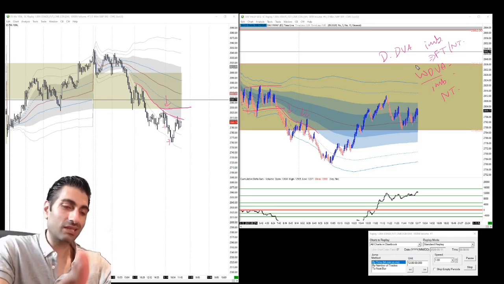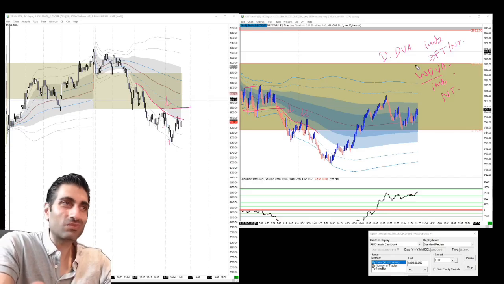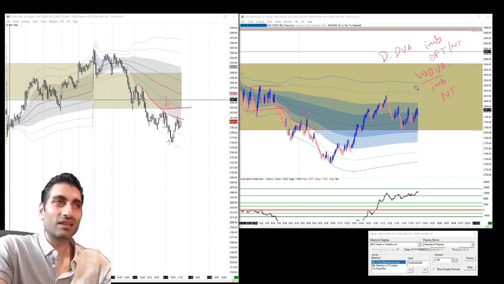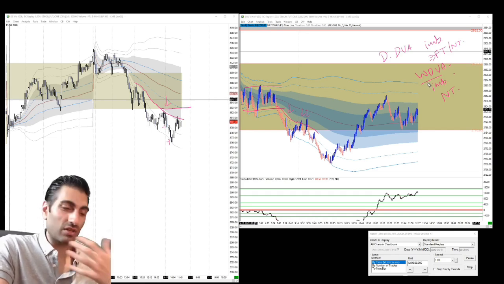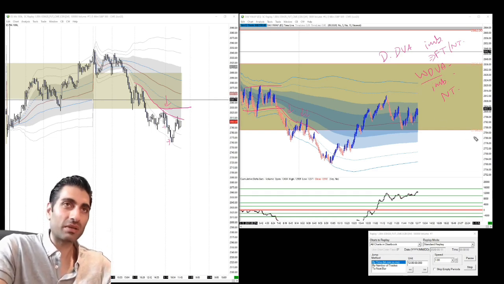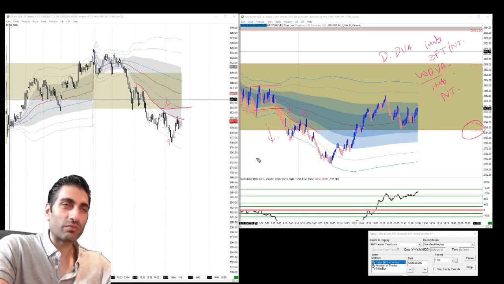So contextually, on a developing basis, clearly everything points towards short, right? Imbalance down, imbalance down. Does our static value allow us to play that? Well, ideally we want to. I said to you before, you can look to do breakout value pullback plays from inside. Nothing wrong with it.